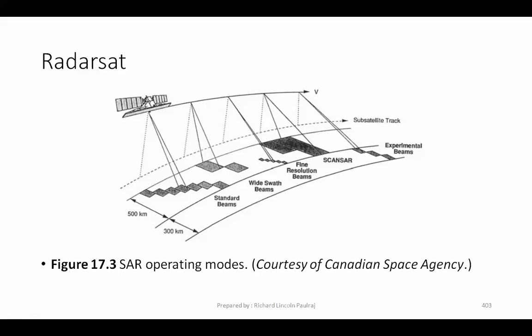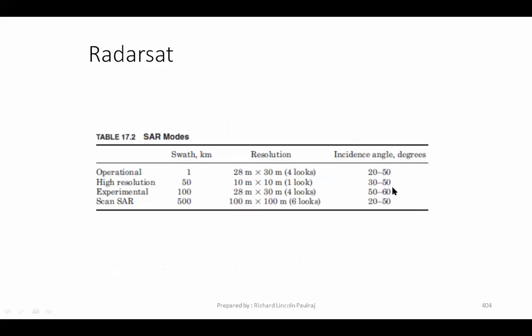So different operating modes, based on different width of the pulse, can be varied. These are some of the SAR modes that we have seen: operational, high resolution, experimental, ScanSAR. So it can change, with the coverage ranging from 1 to 500 kilometers.